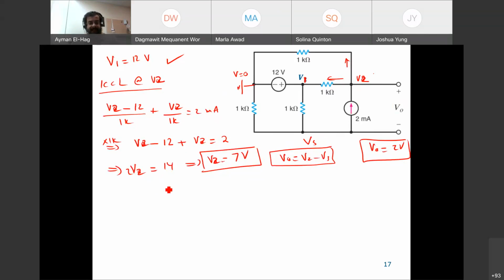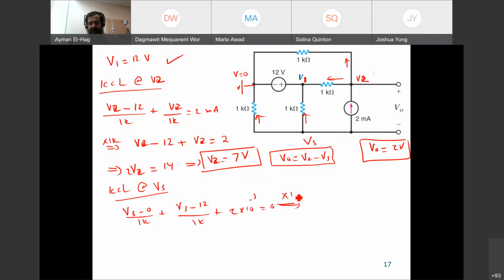So we need to apply KCL at V3. Assume all the currents are leaving, and this current is leaving by default as well. So we have V3 minus 0 divided by 1K plus V3 minus V1, which is 12, divided by 1K, plus this current, which is nothing but 2 times 10 to the minus 3, equal to 0.